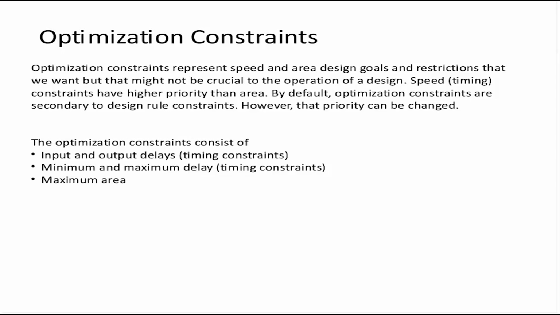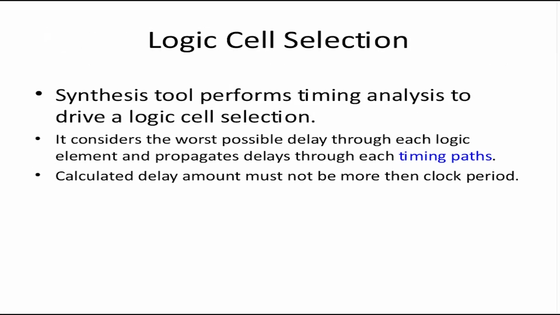Now the optimization constraints consist of 3 things: input and output delays, which are timing constraints; minimum and maximum delay, which are again timing constraints; and maximum area. So what will DC do once it sees the optimization constraints? It will do a process which is called timing analysis.